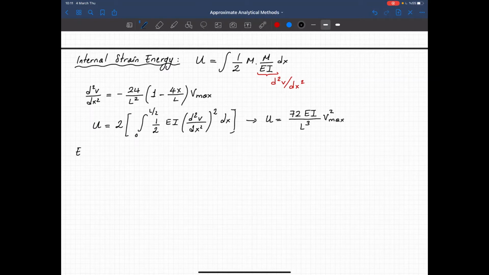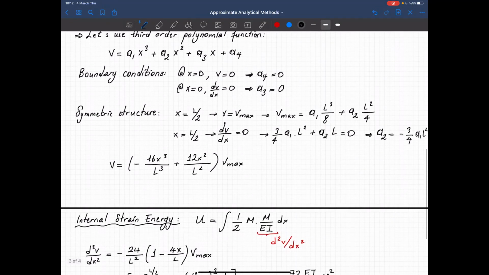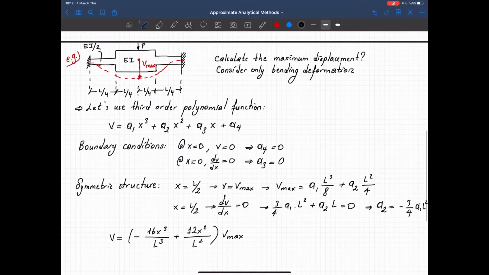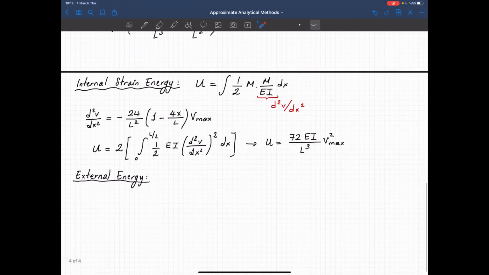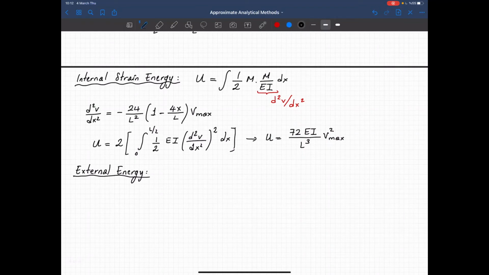So the external energy is very straightforward, because that's P, and my variable in this trial function is Vmax. I have only one variable, so P will be equal to P times Vmax. Sorry, I said V, but this should be W.